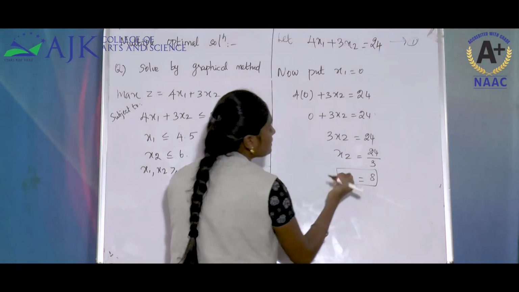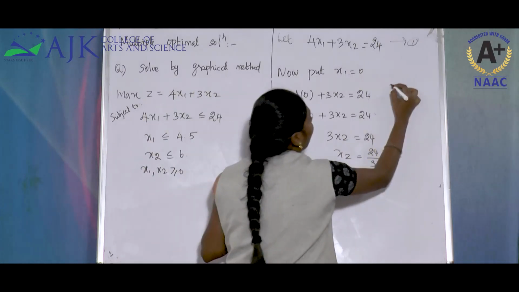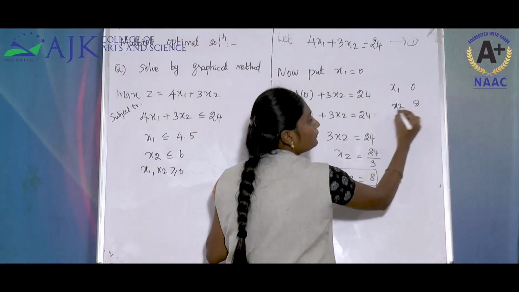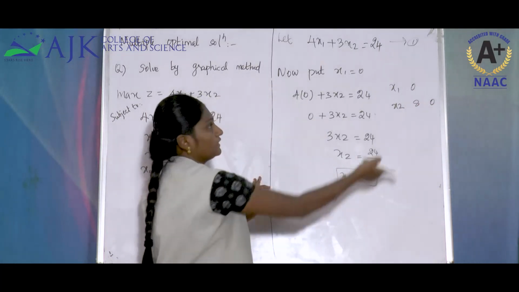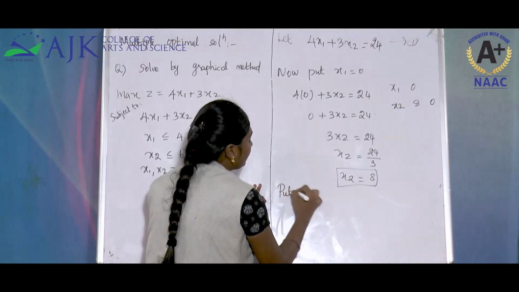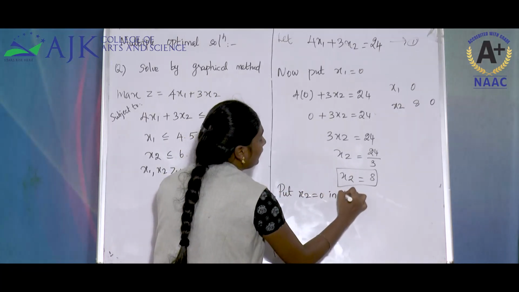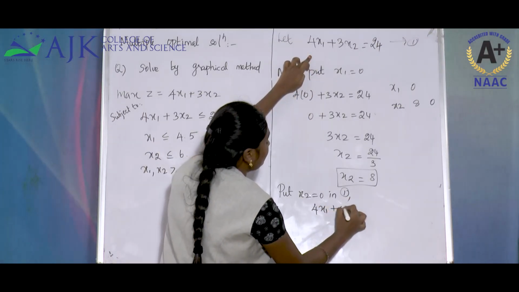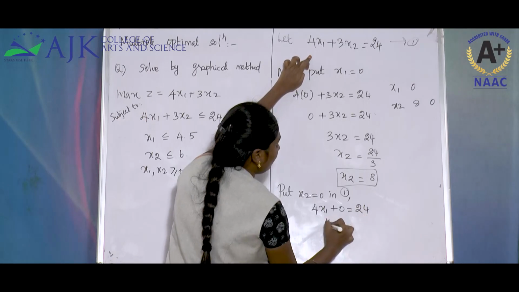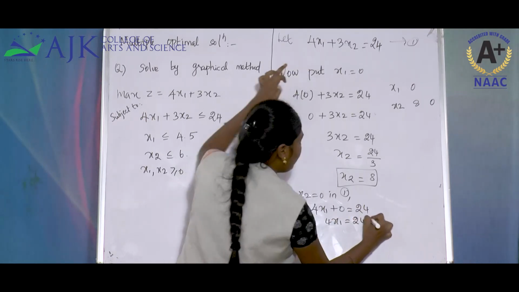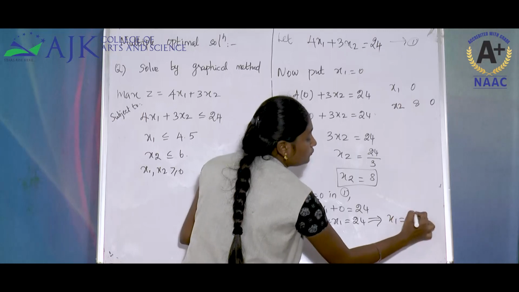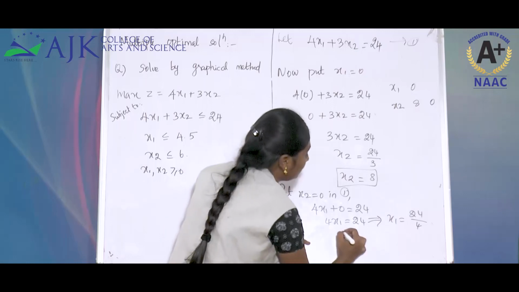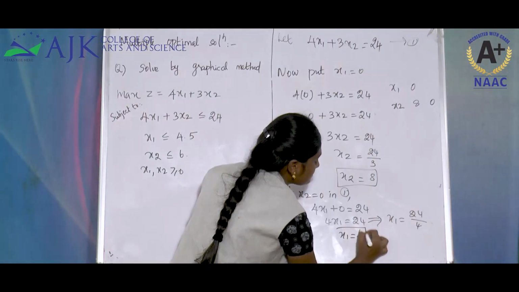So when I put x1 as 0, my x2 value is 8. Next, put x2 equal to 0 in equation number 1. So equation 1 becomes 4x1 plus 0 is equal to 24, that is 4x1 is equal to 24, which implies x1 is equal to 24 divided by 4, so x1 is equal to 6.